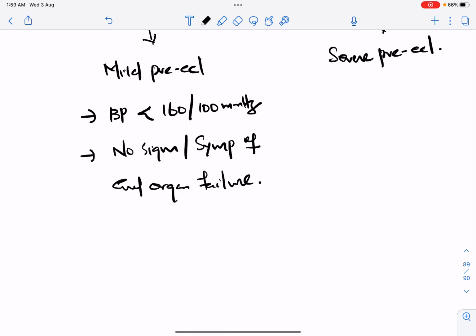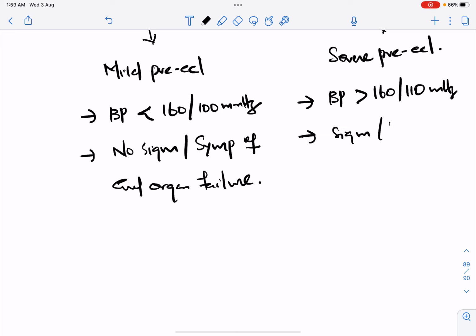Then only it is called mild preeclampsia. Severe preeclampsia is defined as BP more than 160/110 mmHg, and there may be signs or symptoms of end organ failure present, okay.